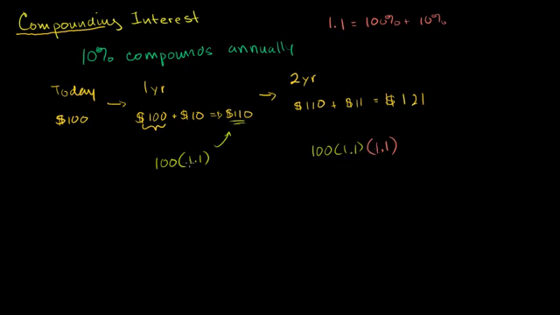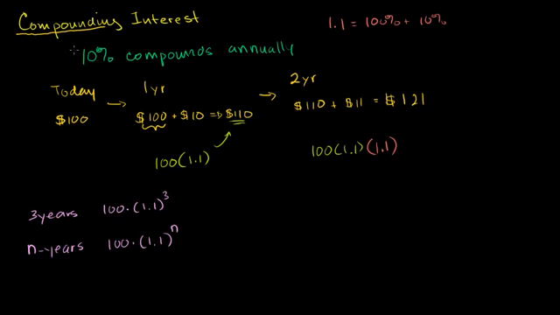So after 3 years, how much money do we have? It's going to be 100 times 1.1 to the third power. After n years, we're going to have 100 times 1.1 to the nth power. And you can imagine this is not easy to calculate.